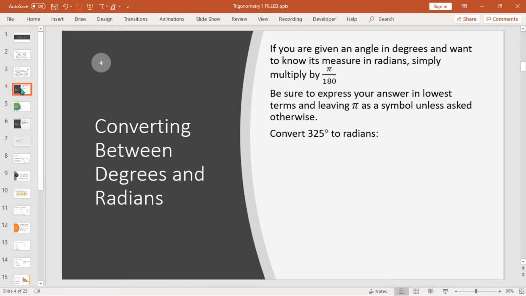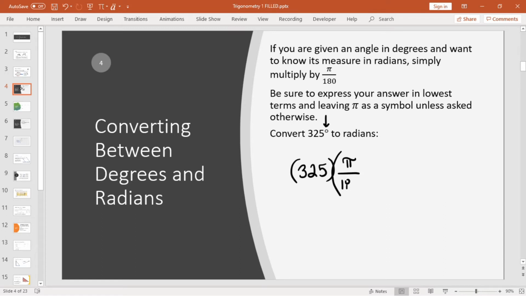All right, so what do we need to know? We need to know how to convert from degrees to radians and back again. So all you have to do is take your measure of degrees, and notice whenever you're in degrees, you have this degree symbol. That will come into play a little bit later again. So if I want to convert to radians, I take 325 degrees, and then I'm going to multiply by the fraction pi over 180.